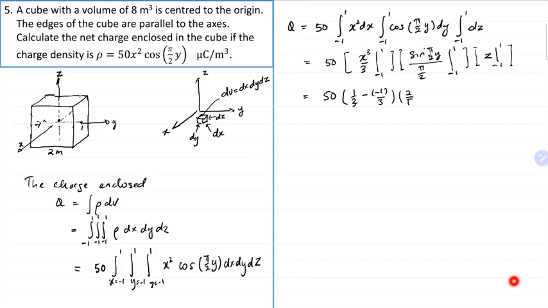This is 2 over pi, times sine of pi over 2 minus sine of minus pi over 2. This is 1 minus minus 1.